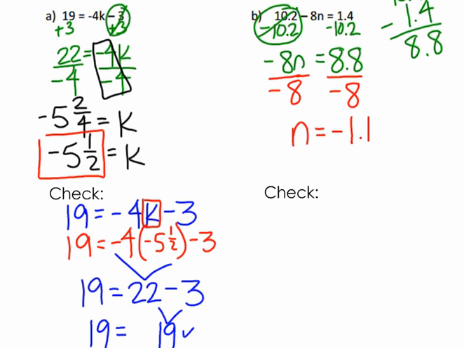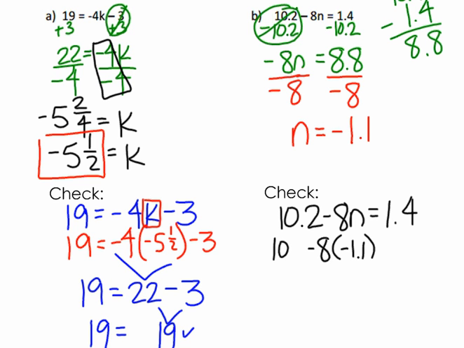All right, now to check our answers, start with the original equation. And in place of n, we're going to substitute negative 1.1. And as I set this up, I can see that a negative times a negative is a positive, so I'm going to end up with something other than 14.